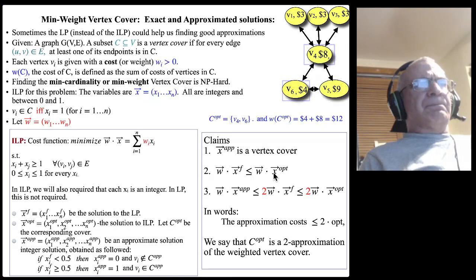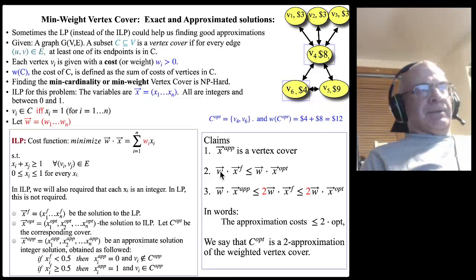If this is the optimum solution, how come I can find a solution that is smaller than that? Well, it's the optimum solution, the smallest that you can get if you guarantee that all the xi's are integers, either 0 or 1. You either take a vertex or not. Here, in the float problem, in the linear programming, you allowed xi's to be anything between 0 and 1, including floats.